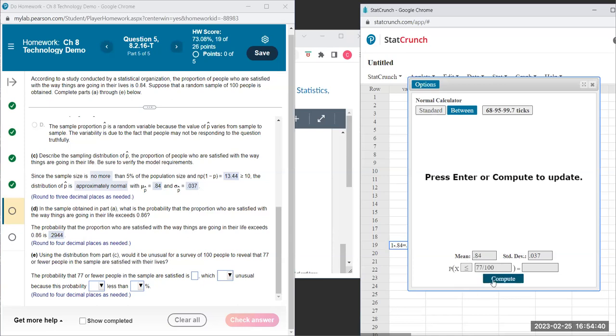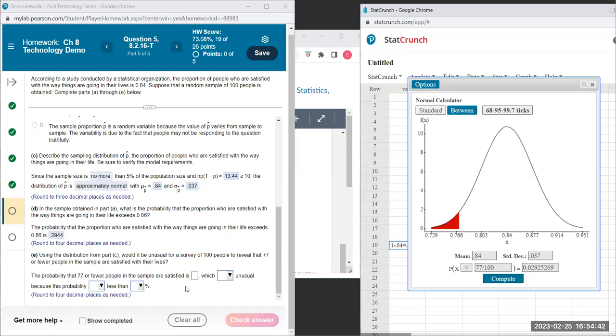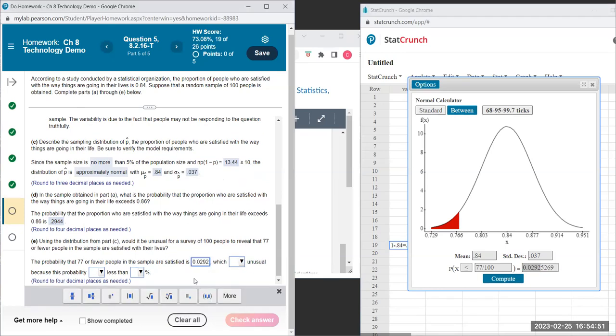So let's see what the probability is. The probability is pretty low. It's a very small part that's being shaded. Now we have to decide, is that unusual? You have to remember how far away from the center it has to be for this area to be considered unusual.